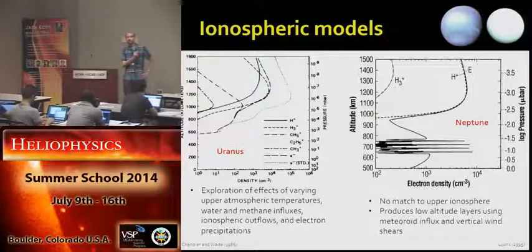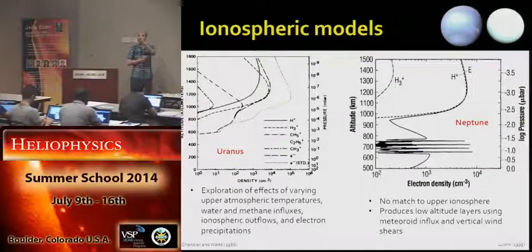And if you remember from Saturday, if you have a vertical shear in the wind, so positive and then negative wind as you go up in altitude, and you also have an inclined magnetic field, then it's going to lead to the creation of layers of ionization naturally. And so that's what they've done here, is just use a vertical wind shear to produce these layers. So likely, a vertical wind shear is present, at least in all of the outer planet ionospheres, because we see these layers almost ubiquitously in the measurements.